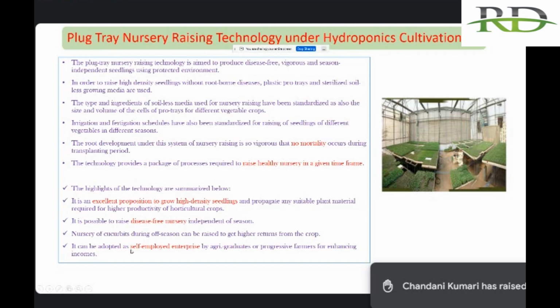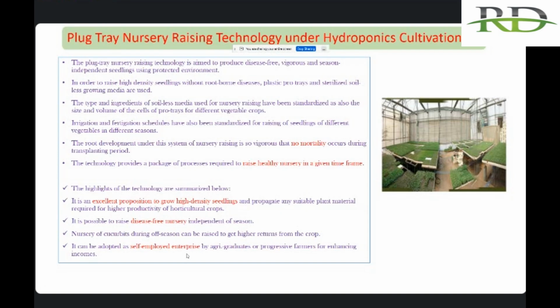It can be adopted for self-employment; any graduates or progressive farmers can start with a plug tray nursery. Before going on to a commercial hydroponic unit, you can just do a hydroponic nursery for self-employment.